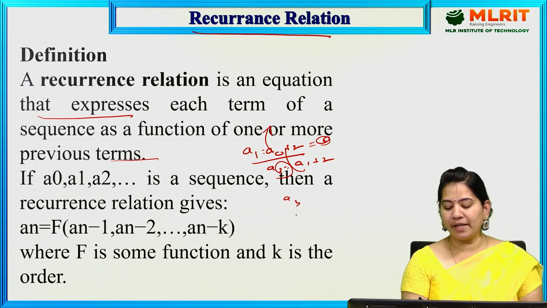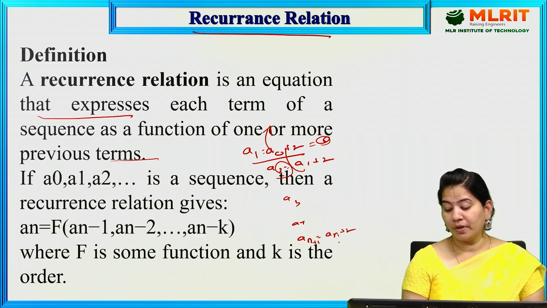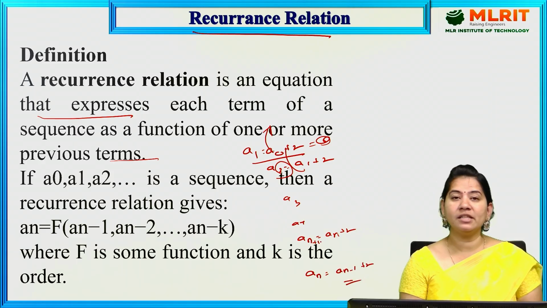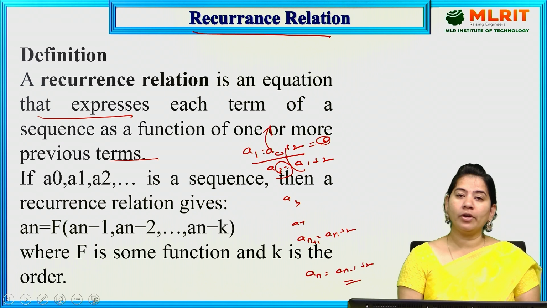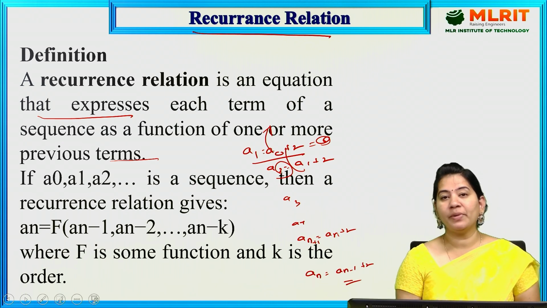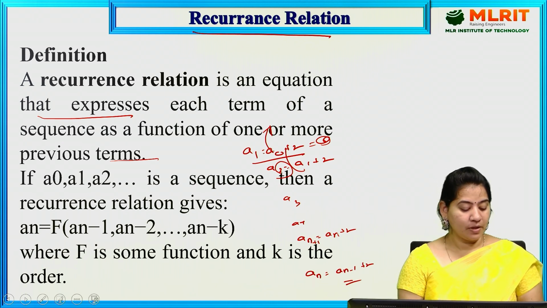In the same way A3, A4, and so on: A(n+1) is equal to An plus 2, and An is equal to A(n-1) plus 2. This is just like a Fibonacci series, where you find each term based upon the previous terms.